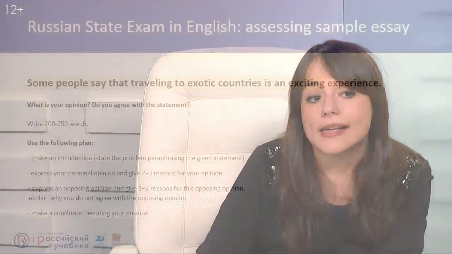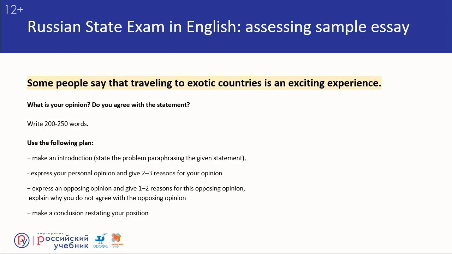Now, after we have familiarized ourselves with the assessment scale, we might have a look at a sample student essay question. So right now we're going to have a look at a sample essay, and the topic is in front of you. Some people say that traveling to exotic countries is an exciting experience, and the plan for this essay is the following.